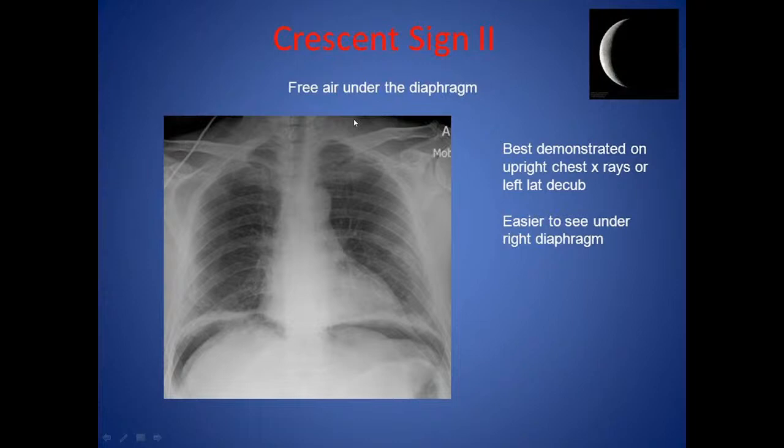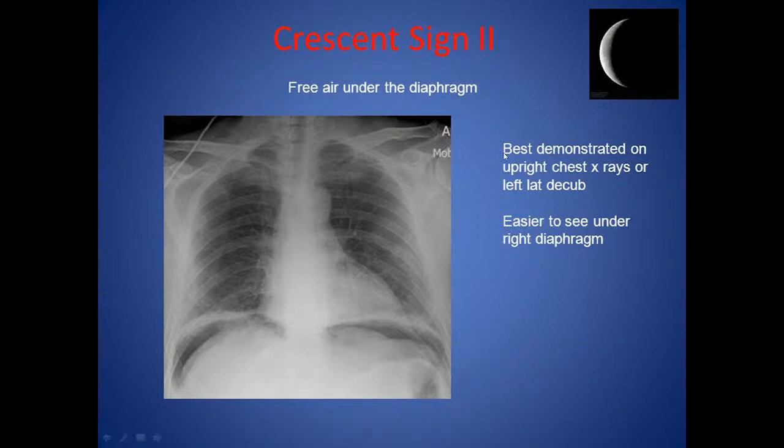This X-ray needs to be upright, when the person stands in front of the X-ray machine.